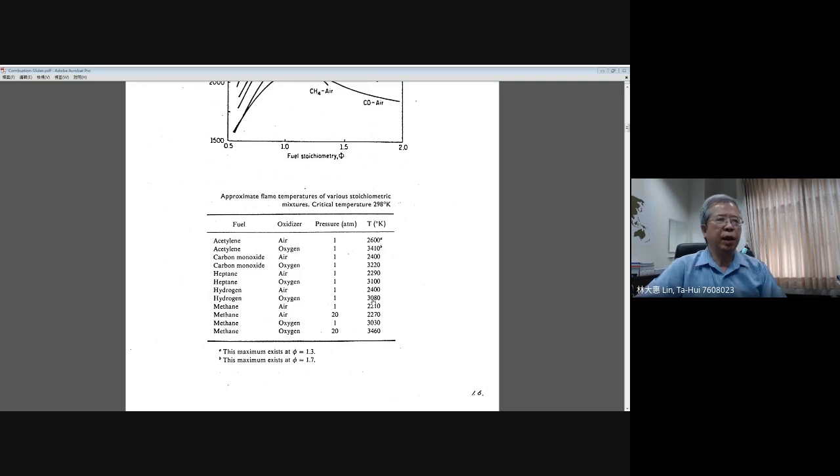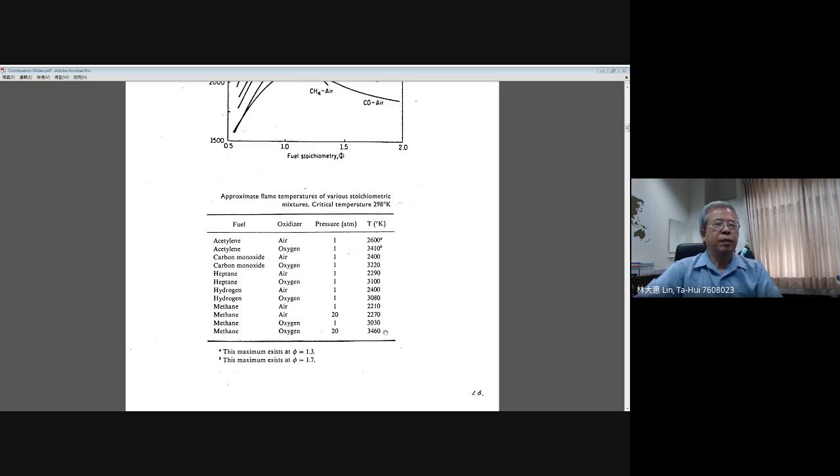Methane is similar, but the most important thing I want to mention from this table is the pressure influence. You can see here for methane burning in air, when you change the pressure from 1 to 20, the flame temperature increases by just 60 K. It's very small. And for pure oxygen, the increase is a little bit higher, maybe less than 400 K. That means there is less than a 10% increase.